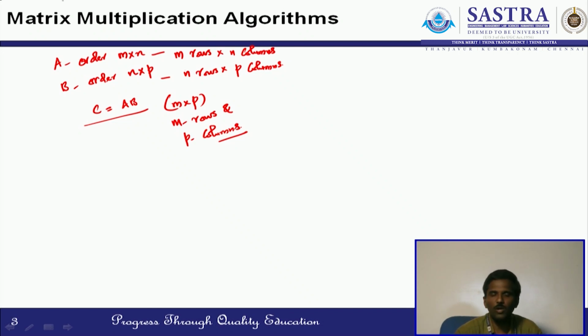So, the number of columns in the first matrix should be equal to the number of rows in the second matrix. Then only matrix multiplication is possible.